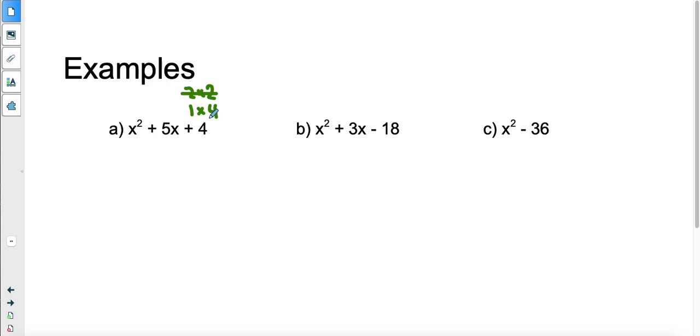Those are my two numbers that I'm going to put inside my brackets. So in my brackets, I'm going to have x plus 1 and x plus 4. And there's my answer.